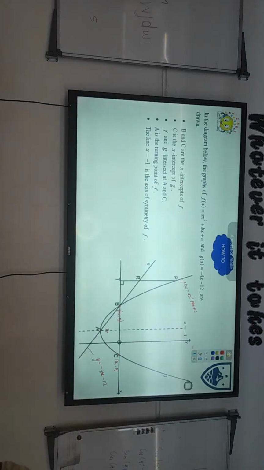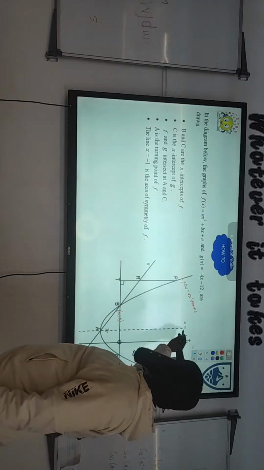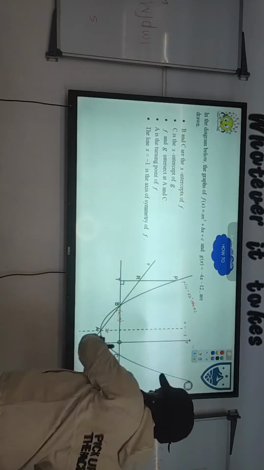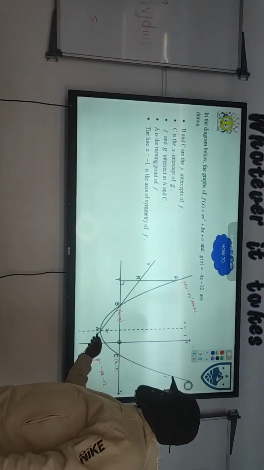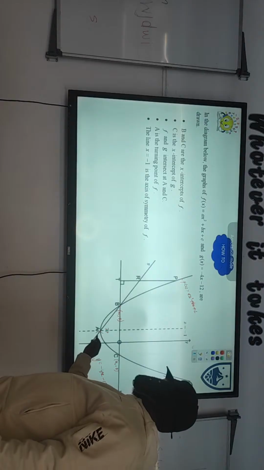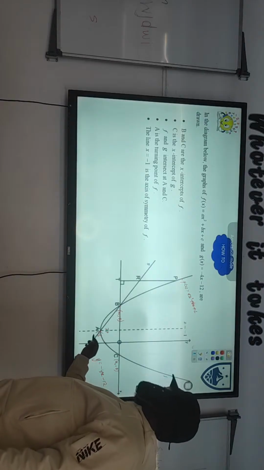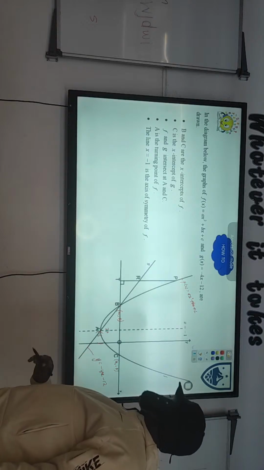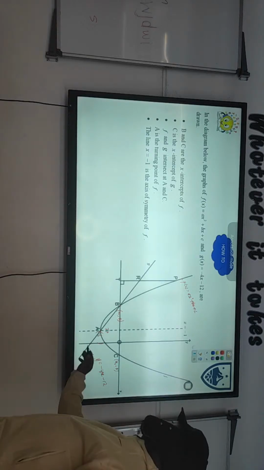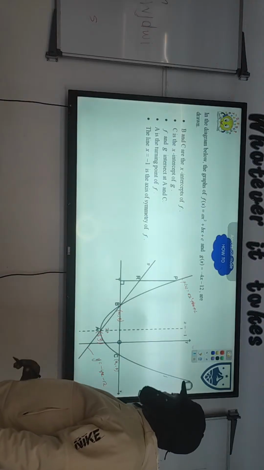And then we have the line x equals negative 1 as the axis of symmetry of F. This is the line. It will divide this into two equal parts. So we know that our x here has already been given as negative 1. And then we will find our y; in this instance we don't have a y over here.